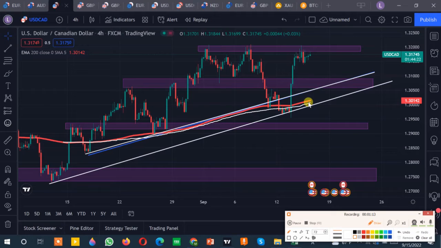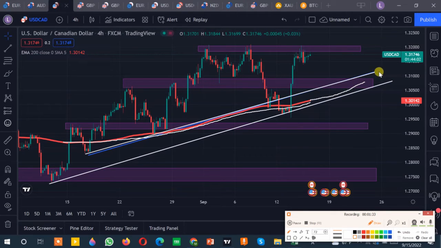This 200 EMA indicates a dynamic support area, and we can expect some candlesticks later it can go here.